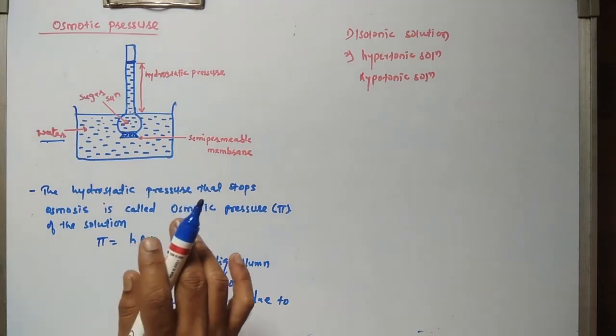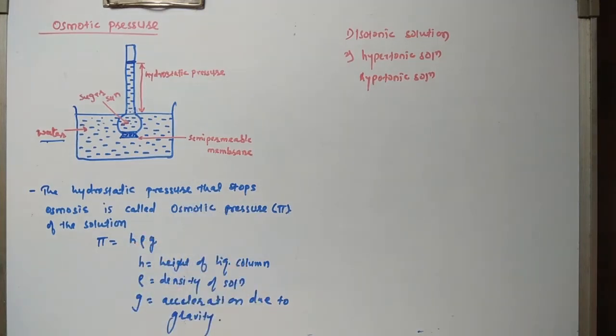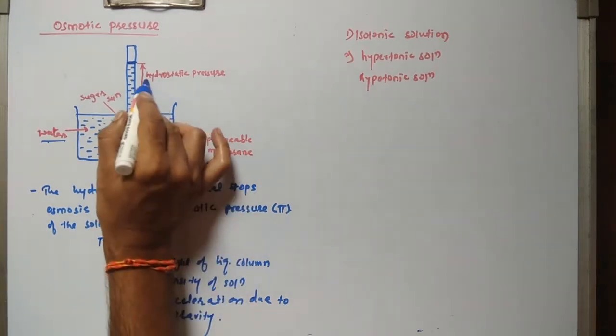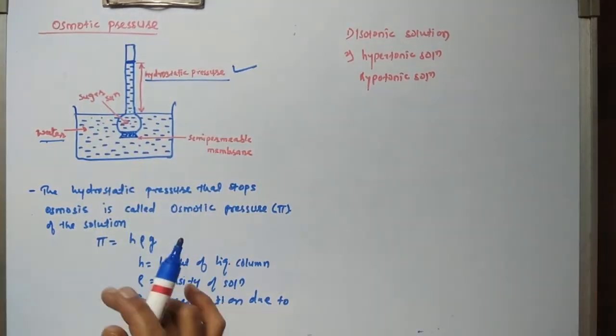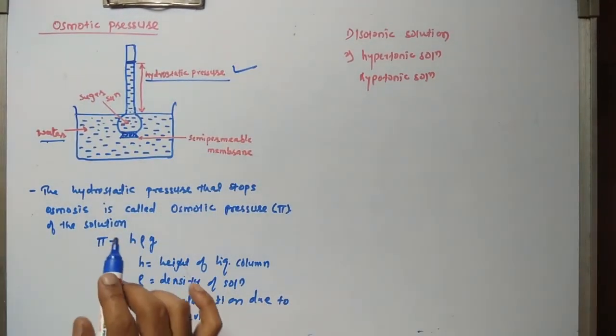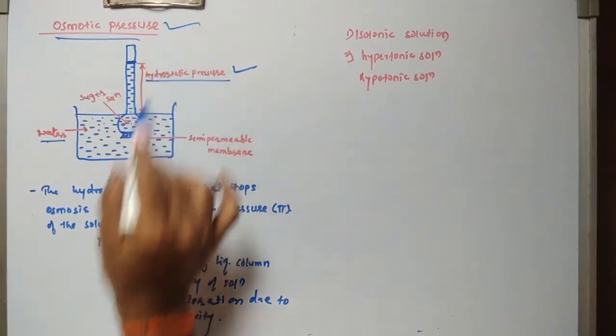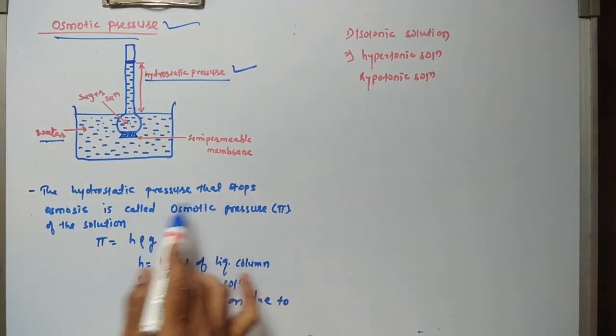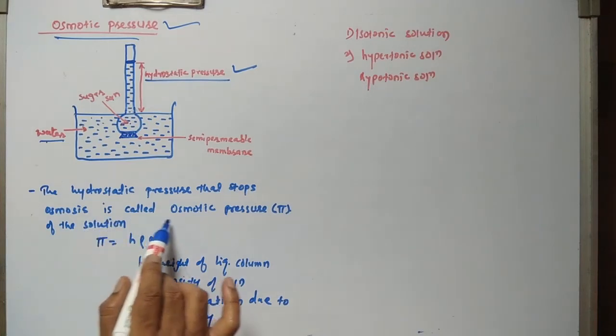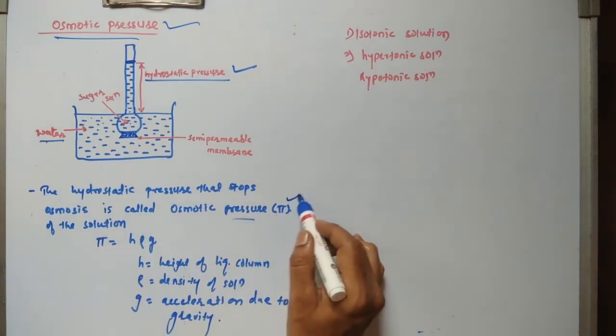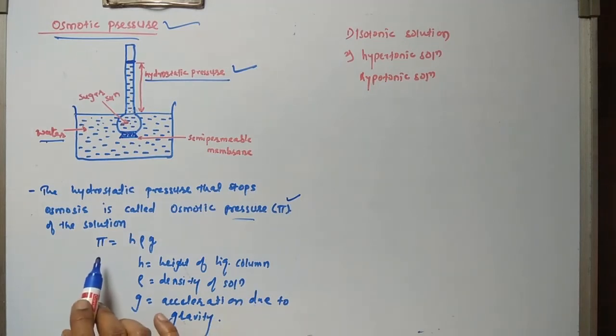This implies that the hydrostatic pressure developed in the tube has stopped the osmosis process. So we define osmotic pressure as the hydrostatic pressure that stops osmosis, and it is shown by pi. Pi equals h rho g, where h is the height of the liquid column, rho is the density of the solution, and g is the acceleration due to gravity.